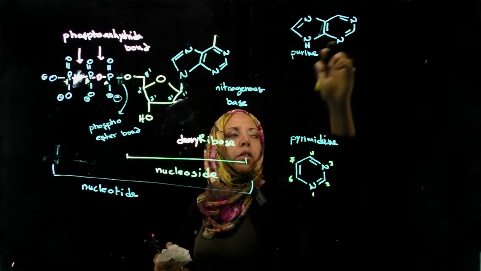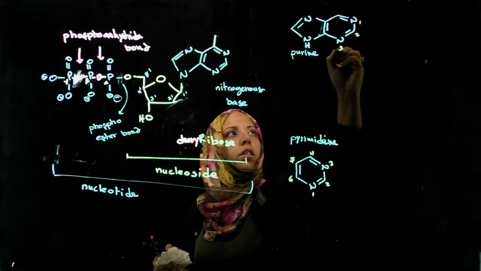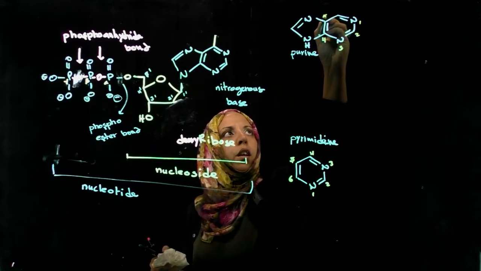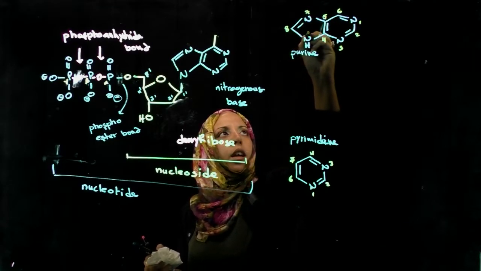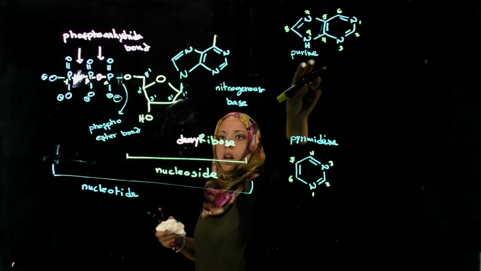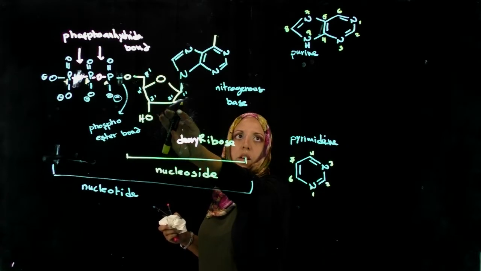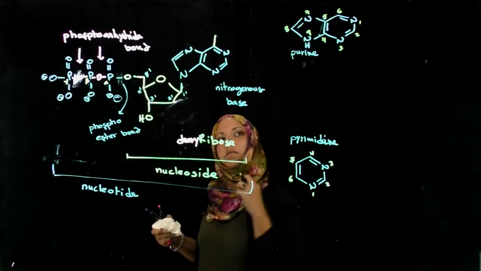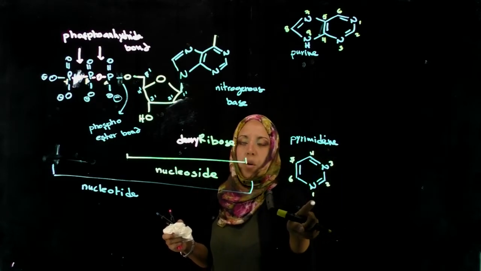In the case of purines, this is actually 1, this is 2, this is 3, this is 4, this is 5, 6, 7, 8, and 9. So purines are linked to the pentose sugar via the 9 atom, nitrogen 9, whereas pyrimidines are linked via nitrogen 1.